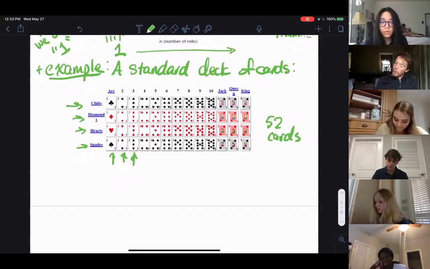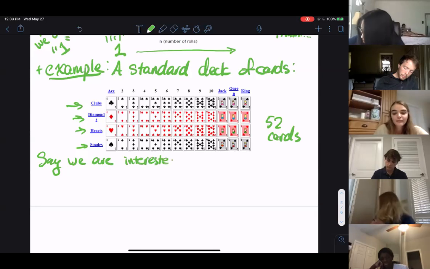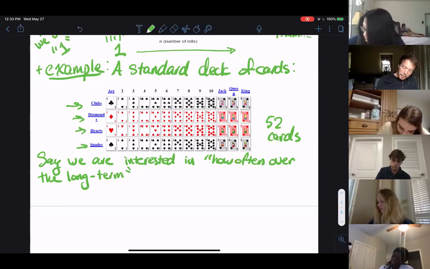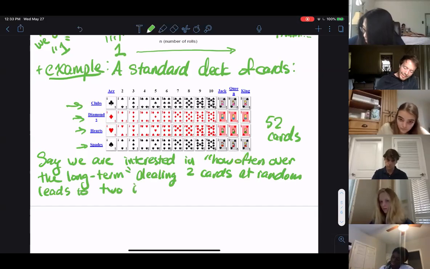The question I want to ask is, say we are interested in how often, over the long term, dealing two cards at random leads to two identical cards.